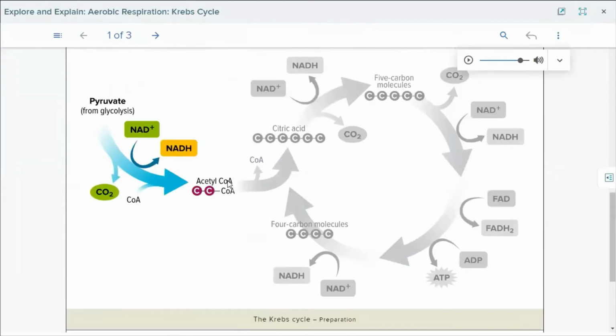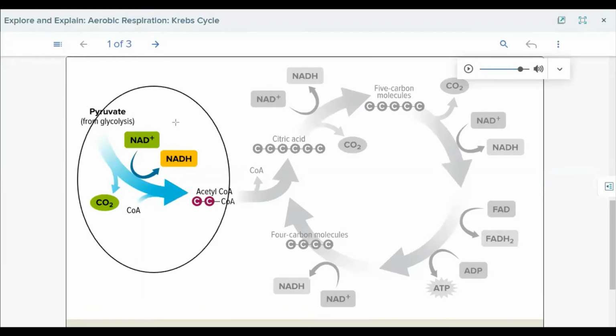This is the summary of the preparatory phase. Simple. Here, as you can see in front of you, pyruvate, in order to become acetyl-CoA, here we call it the preparatory phase.